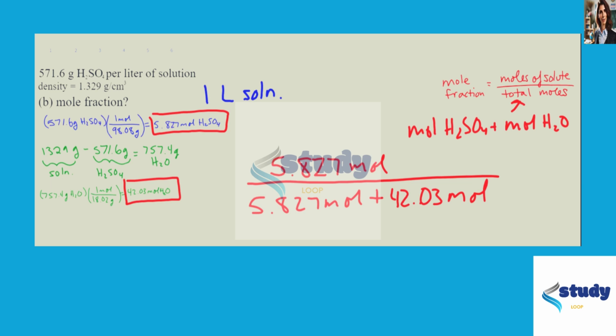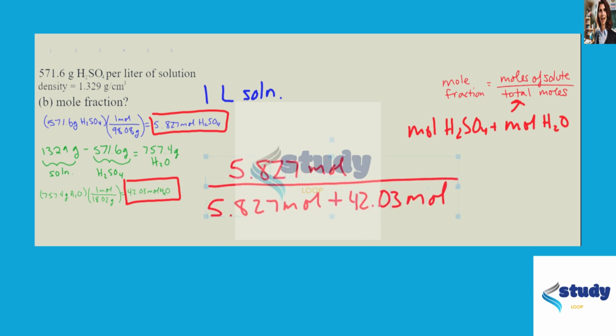And what that will give me is the mole fraction of sulfuric acid, which is equal to 0.122. Now notice this value is unitless. It is a fraction. It is a unitless number, basically because my moles cancel out.